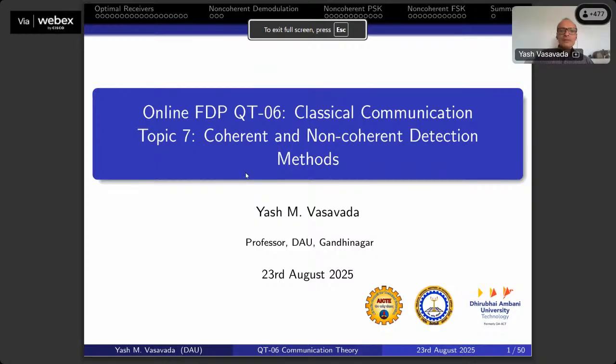In this set of slides, the new thing that I'll do is provide a quick overview of the non-coherent detection method, which is sometimes also known as the square law detection method.